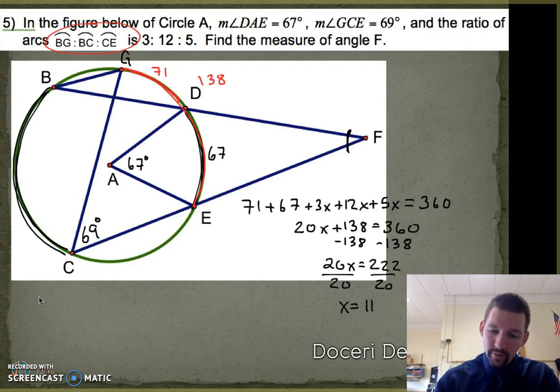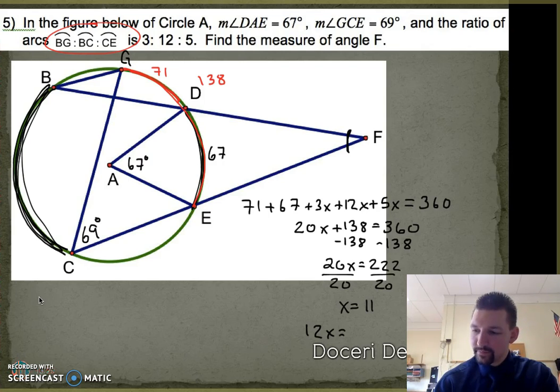Now the important one that we were looking for, again, was BC, this one right here, which is actually going to be 12x. So 12x equals 133.2.